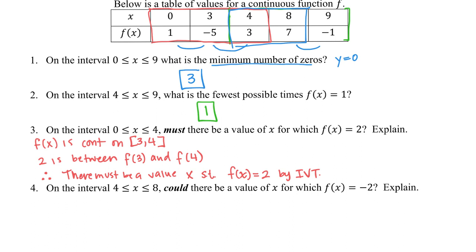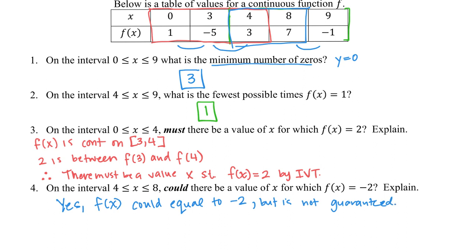Yes, f of x could equal negative 2, but it is not guaranteed by the intermediate value theorem because it doesn't meet the criteria. So it might happen, but I don't know for sure.